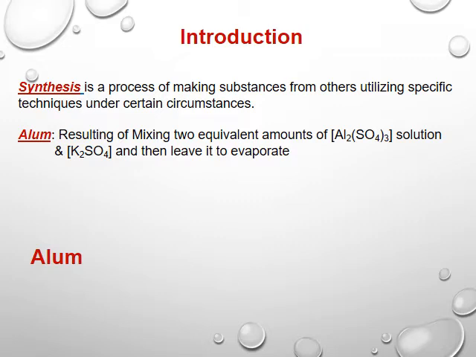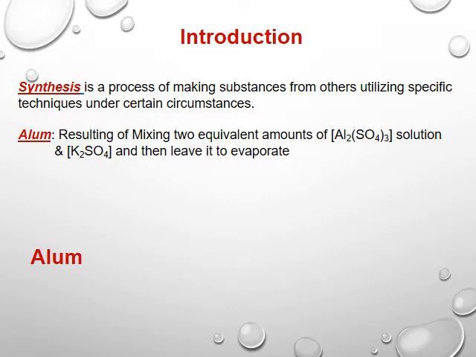شنو الألوم؟ الألوم هو resulting of mixing two equivalent amounts of aluminum sulfate Al2SO4 solution with K2SO4, which is potassium sulfate, and then letting it evaporate. So we get rid of water and all the evaporated molecules. هذا بالنسبة للألوم اللي اليوم راح نخلقه.